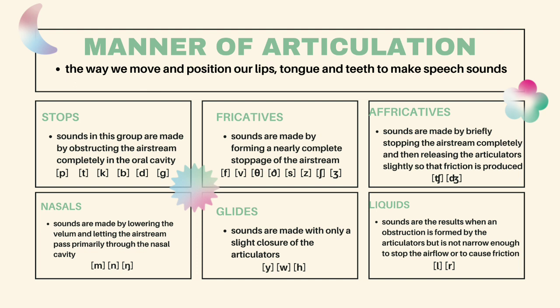Examples of stops include p, like pig, b, bag, t, tall, d, dad, k, kick, and g, girl. Second is the fricatives. Sounds are made by forming a nearly complete stoppage of the airstream.